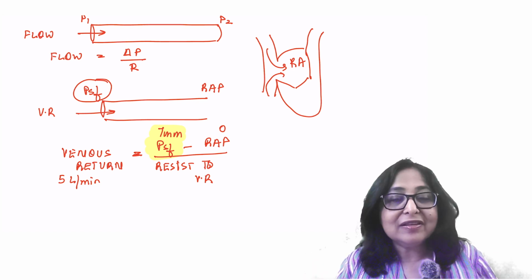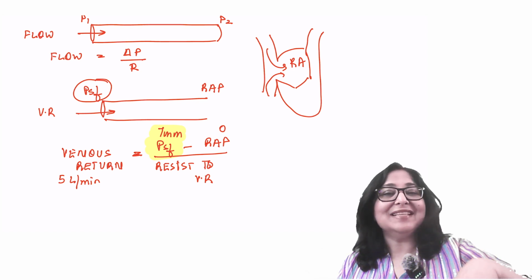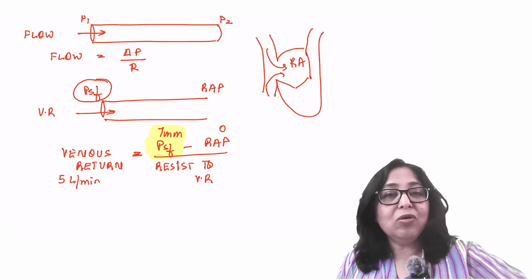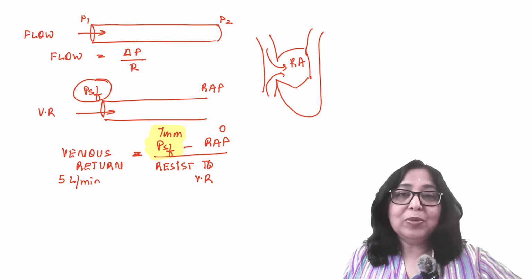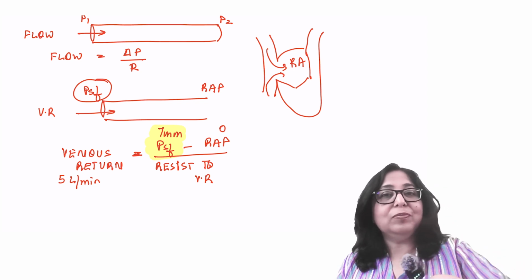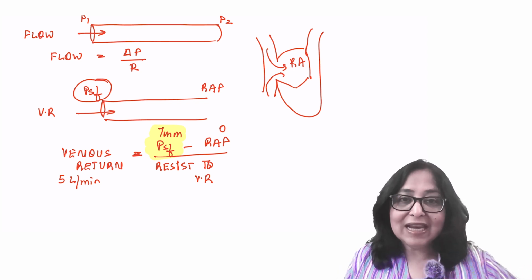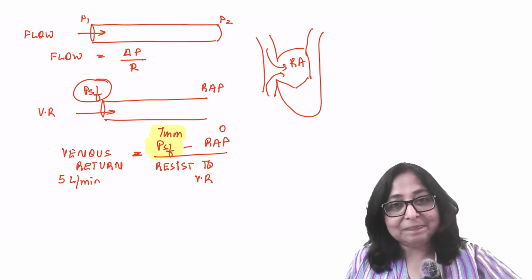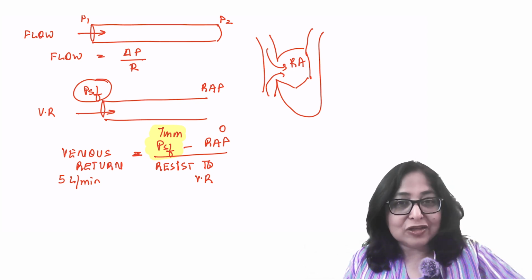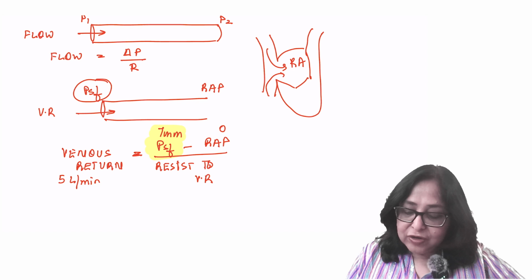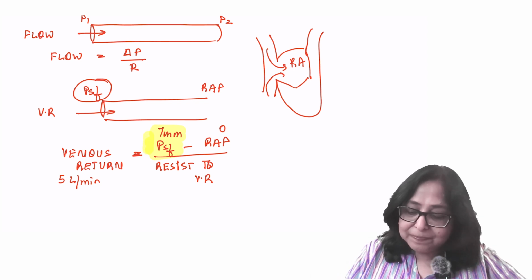How does it affect venous return? Because it affects the mean systemic filling pressure. More the blood volume, more the mean systemic filling pressure, more will be the venous return. Less the blood volume, less the mean systemic filling pressure, less the venous return. Another question I'm asked is that if I increase the sympathetic discharge, there will be increase in the mean systemic filling pressure.